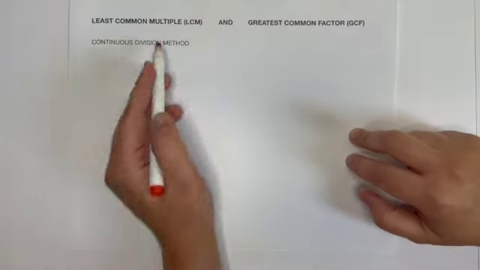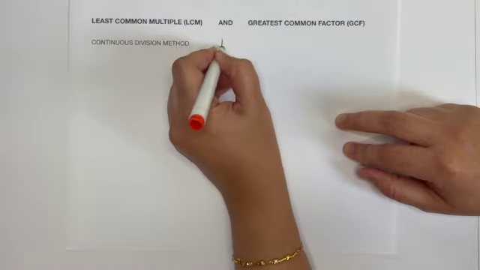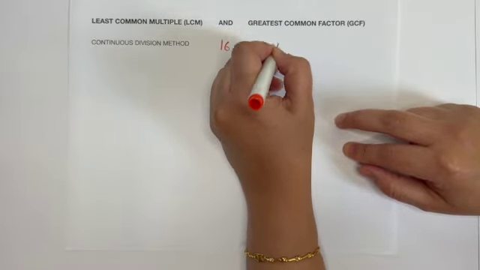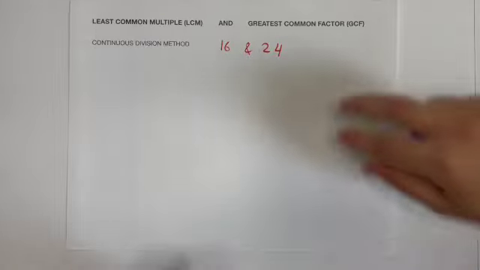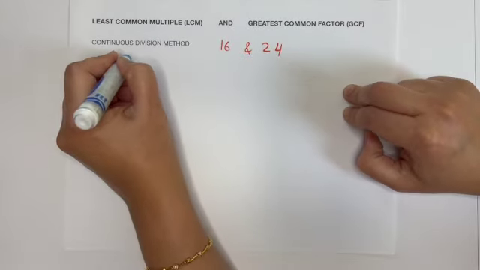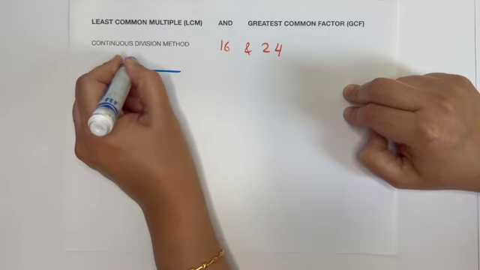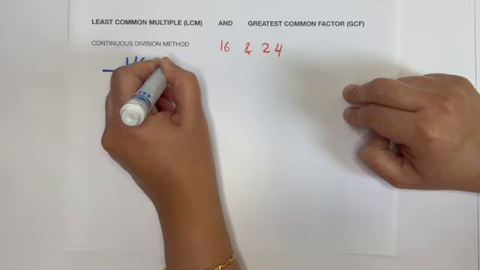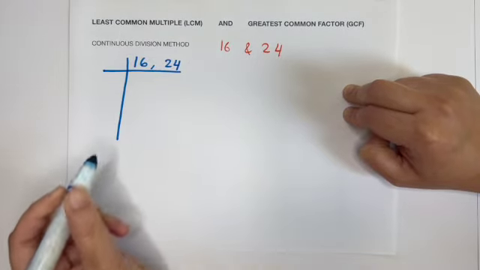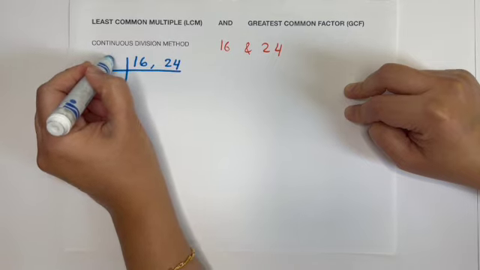Now the second method is the continuous division method. I'll use the same example of 16 and 24, and I'll show you how to perform the continuous division and find the LCM and GCF using that. In the continuous division method, we list all the numbers together and try to divide them with the same number.